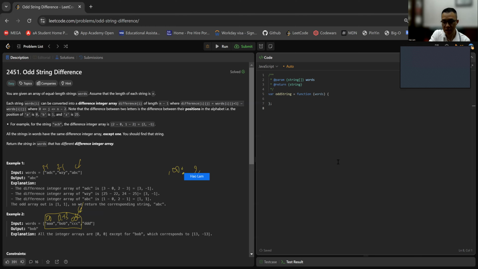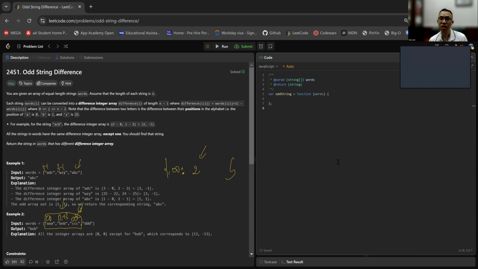So in this case, we can also check the first word and the second word. If the first word has an occurrence of 1, we will return the first word. In this case, no, the first word is 0, 0 and the occurrence is also 2. But for the second word, the occurrence is only 1, so we will return the second word.